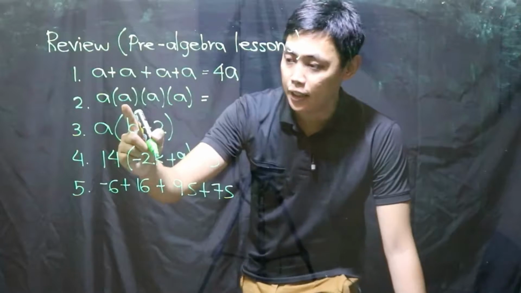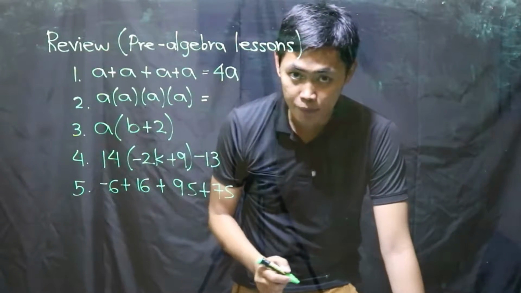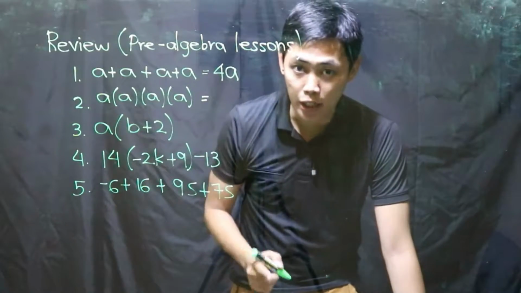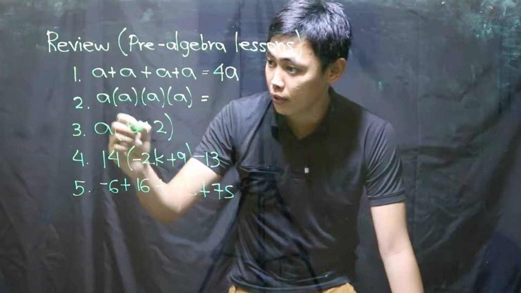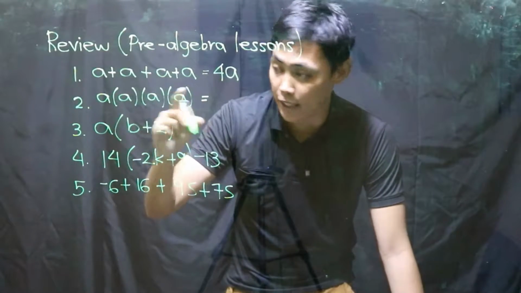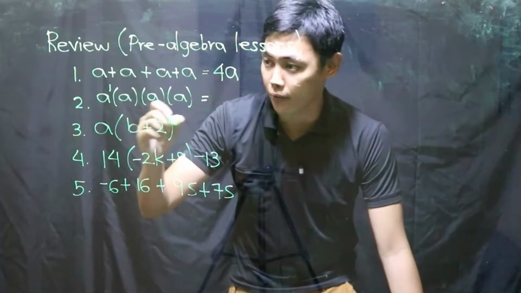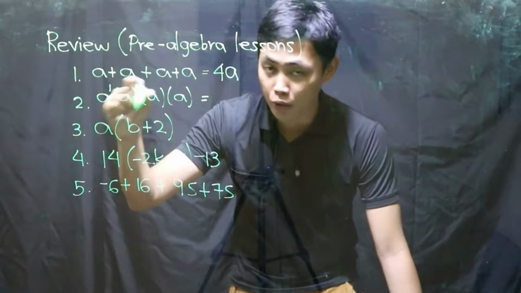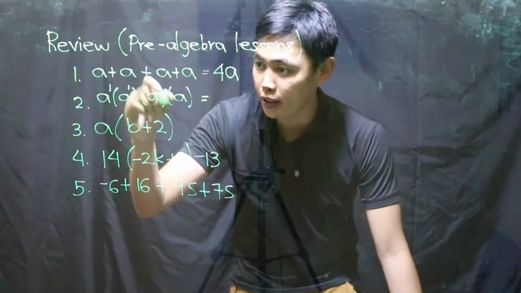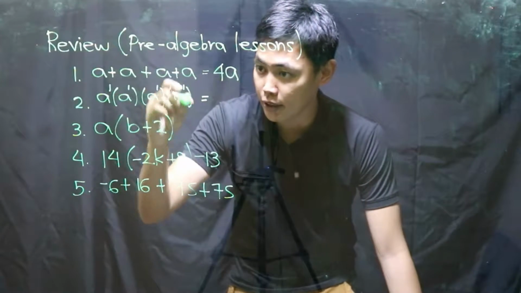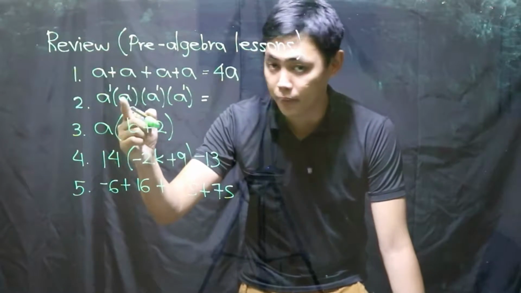A times a times a times a. So what will happen? According to the laws of exponent, which we already learned, each a here has an exponent of 1. So a to the power of 1, and this is another a to the power of 1, and another, and another.